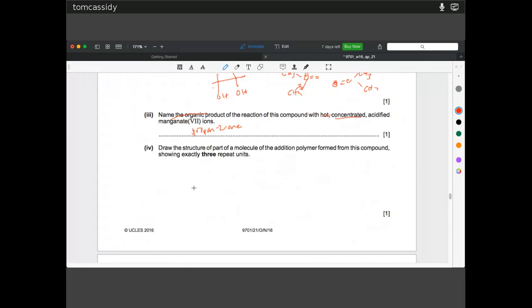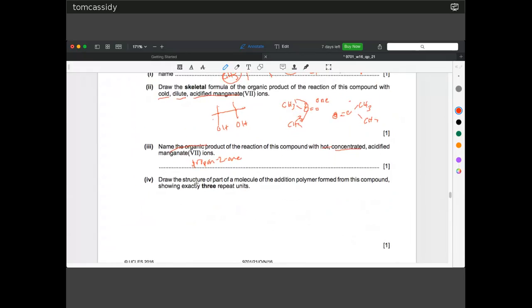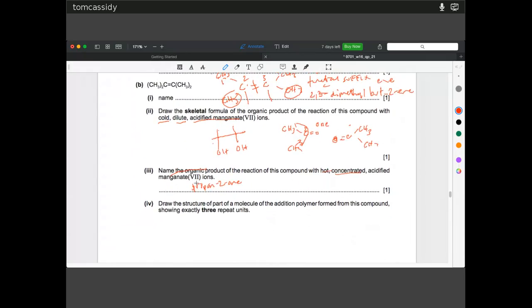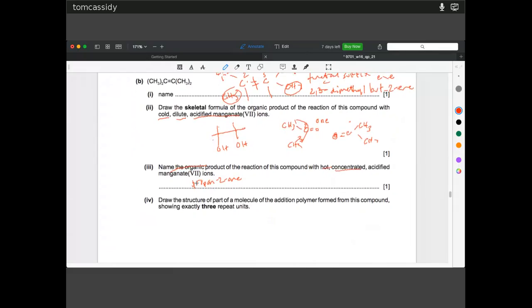Okay, so we've got a question here about forming the addition polymer. The easiest way to think about these is if you just had a very simple addition between ethene, then if you had 2 ethene monomers, then that just ends up like this.